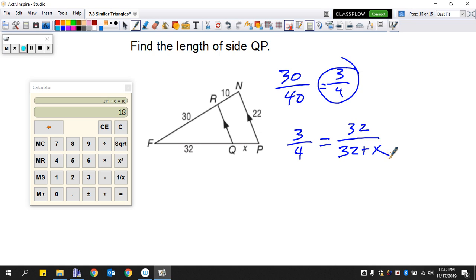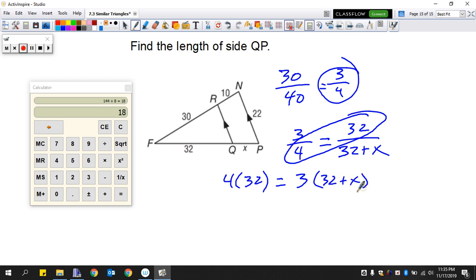When we cross multiply, 4 times 32 is equal to 3 times 32 plus x. 4 times 32 is 128. 3 times 32 is 96, plus 3x. Minus 96 minus 96, the 96s cancel out.